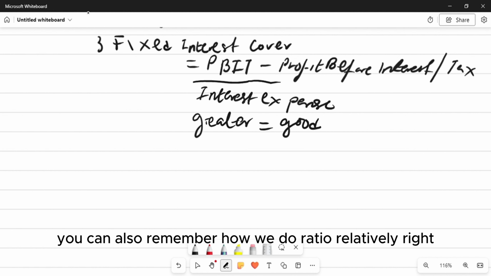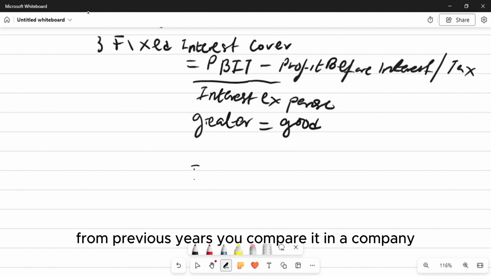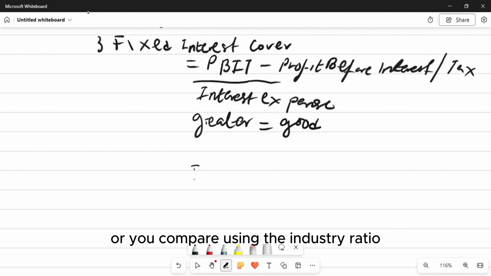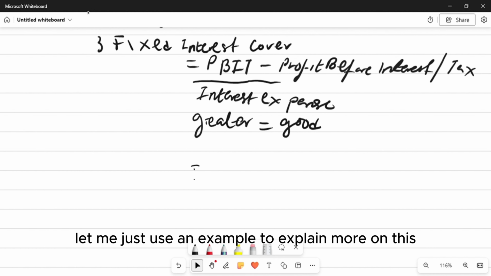Remember we do ratios relatively, right? So you either compare two companies, or you compare from previous years within a company using a standard, or you compare using the industry ratio.